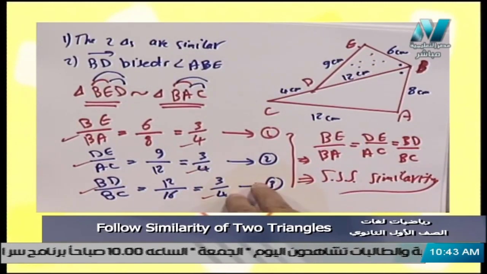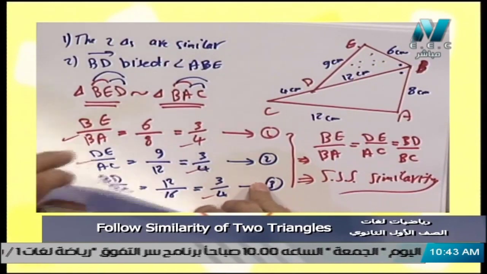Okay, my dear students, let us move to another case, which is SAS similarity. We have studied two cases up till now. The first case is AA similarity, which is angle-angle similarity, which means that two angles in the first triangle equal two angles in the second triangle, so the two triangles will be similar.